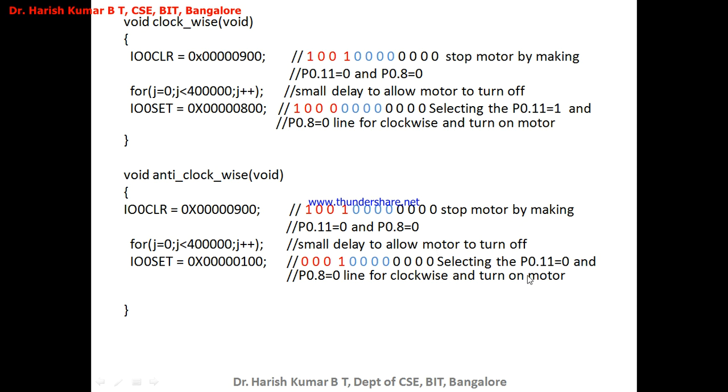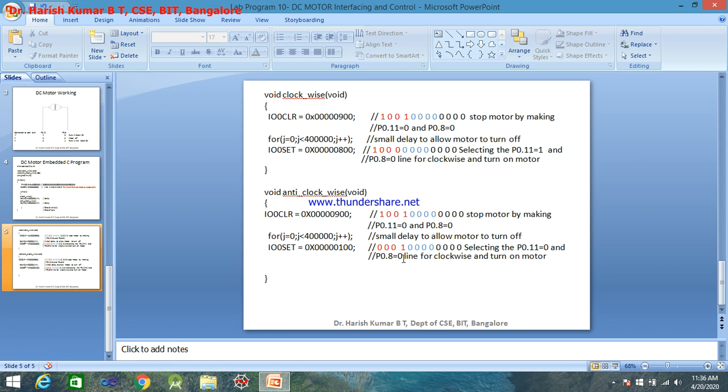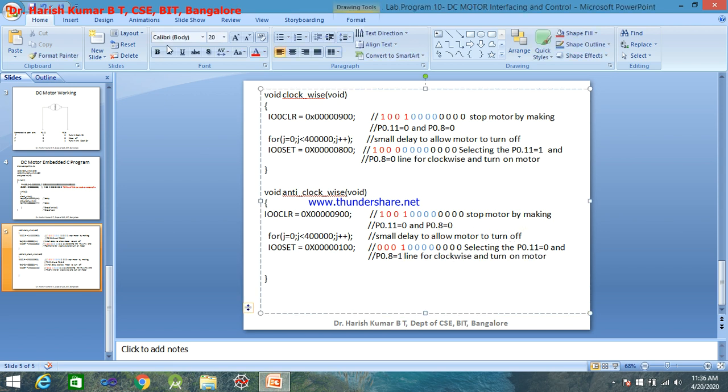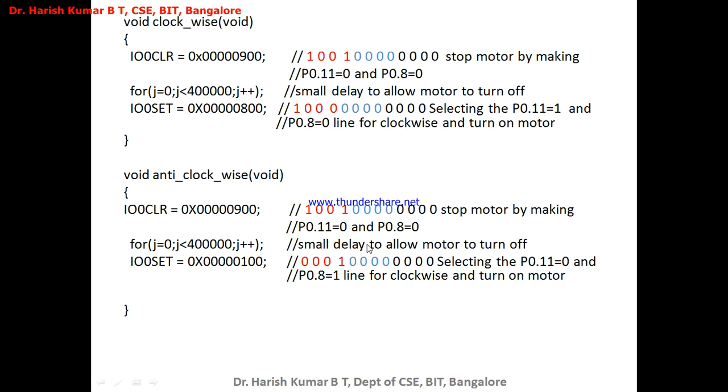That will pull down the corresponding port pin P0.11 to 0, and since the 8th bit of IO0 set is 1, I made a mistake here, sorry. So P0.8 will be 1. This is low and this is high.